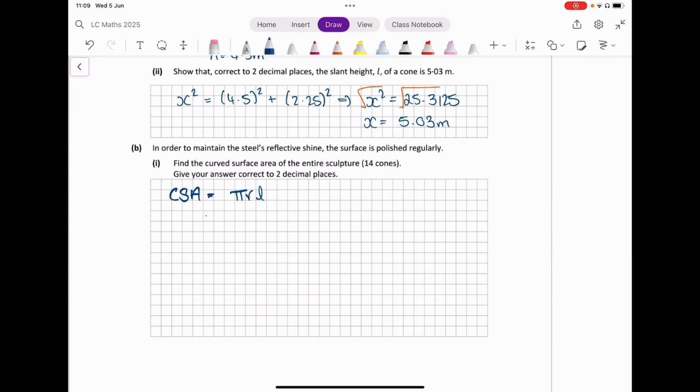Okay, so the curved surface area of one cone is going to be pi by 2.25 by 5.03. But we have 14 of them, so let's multiply that by 14 as well. All right, and when I put that into my calculator, I'm going to get 497.77 meters squared. Okay, so that is my curved surface area.